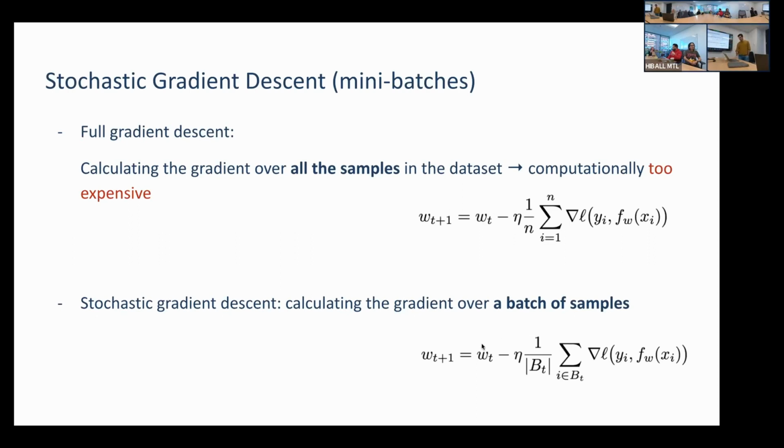Instead, what people do is take a sample from the data set and estimate the gradient only over those samples, then subtract it from the weight and update the weights of the network. Of course, this batch gradient descent is an estimation of the true gradient descent, so it introduces some errors in the process, but this is what we can afford.